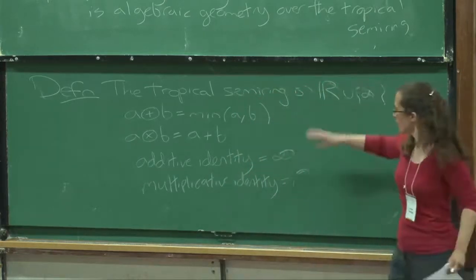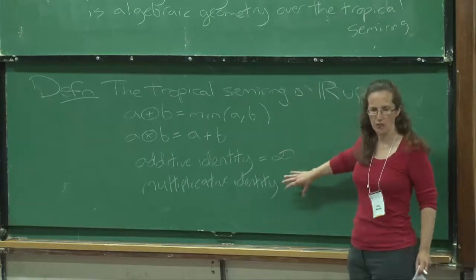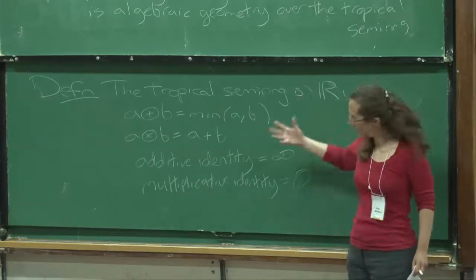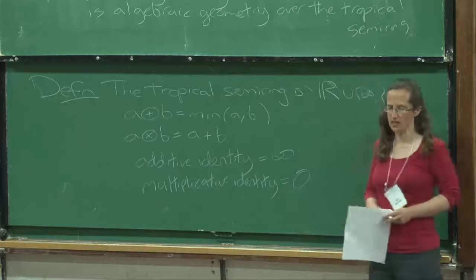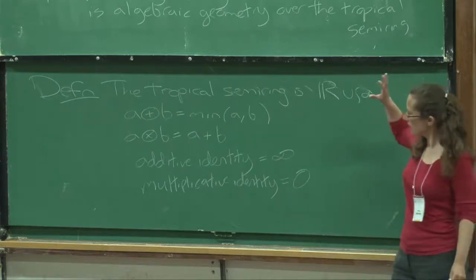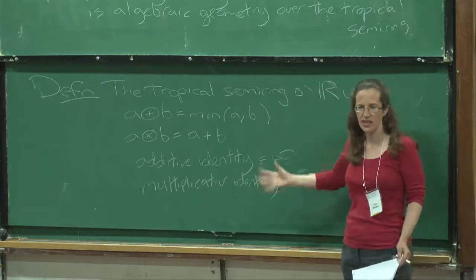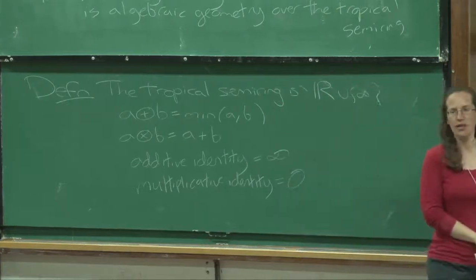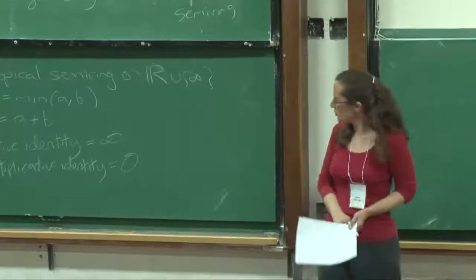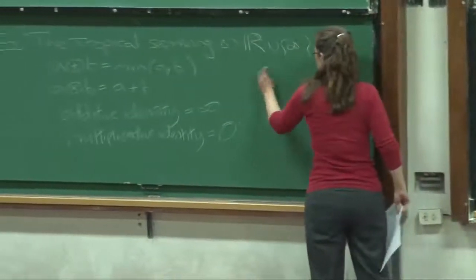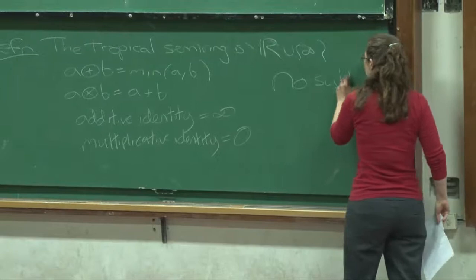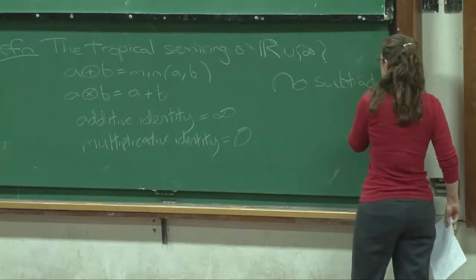Anything tropically times 0 is anything plus 0, so it's just the number you start with. So you can see that this is associative, distributive, and these are identities. We have almost everything we need for a ring, except there's no subtraction. However, things are still nice, so this is why it's a semiring.